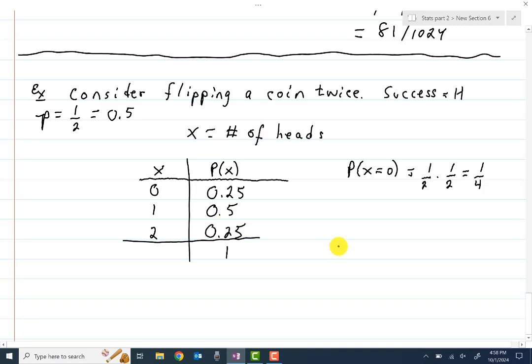And indeed, I'll prove it to you. So you can see the probability of 1 head are these 2 things in the middle. That's 2 out of 4 of them satisfy having 1 heads.